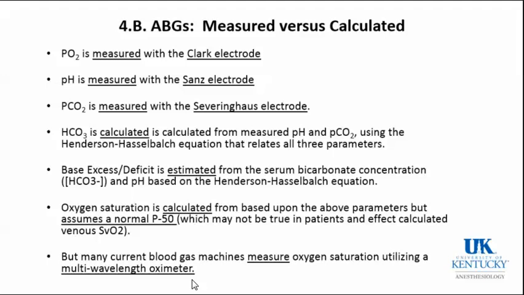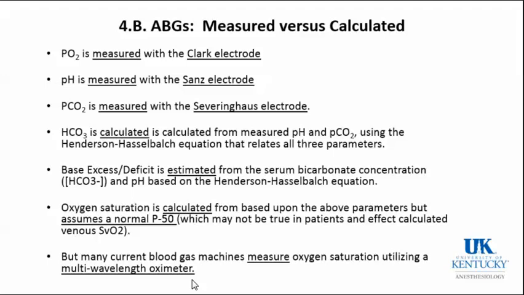Now, remember that up on the arterial portion of the oxygen dissociation curve, the effect of changing the P50 doesn't make a lot of difference in the saturation. But as you move down to the venous level, the change in P50 makes a dramatic difference in the calculated saturation.